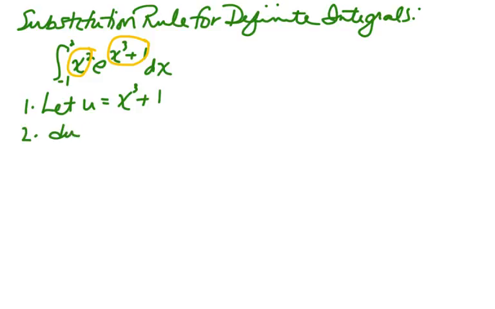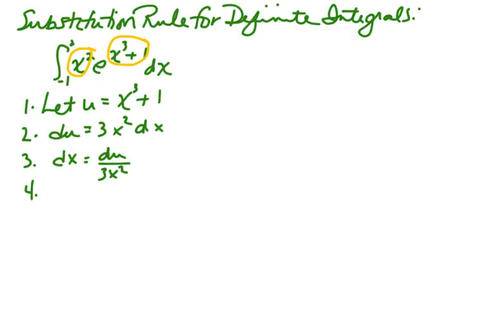So du is equal to 3x squared dx. I'm going to solve for dx in here, and you get du divided by 3x squared.